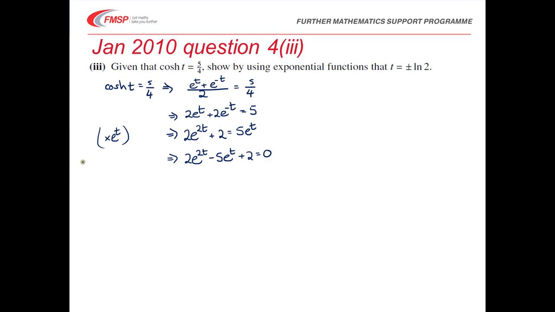And if you struggle with these, you can write that as 2e squared minus 5e plus 2 equals 0 and factorise that.